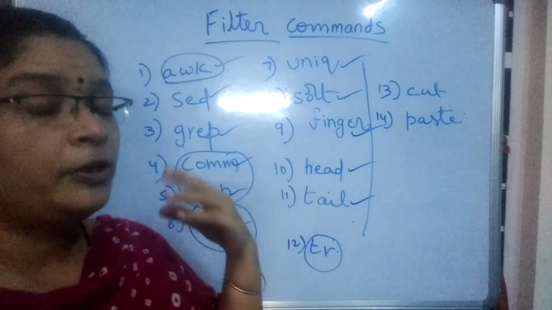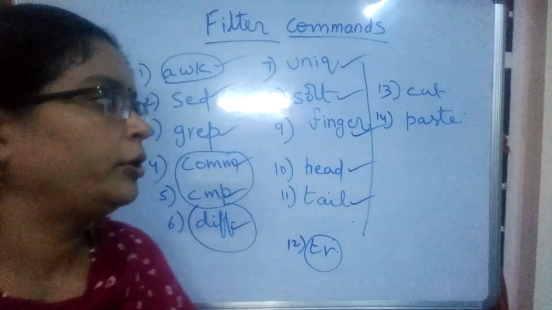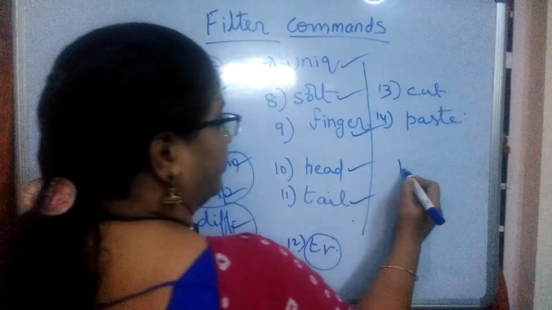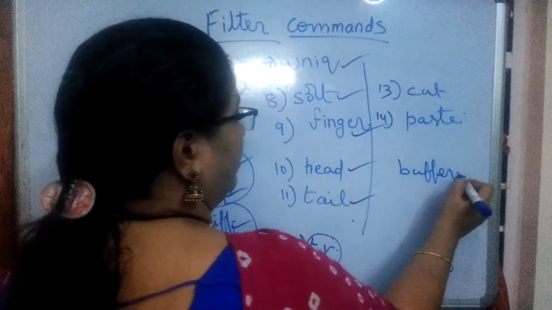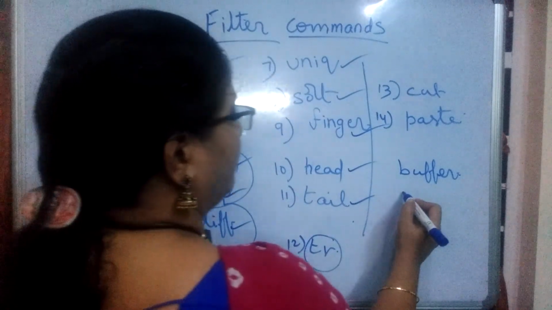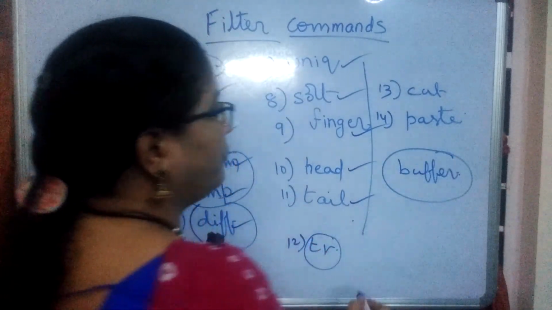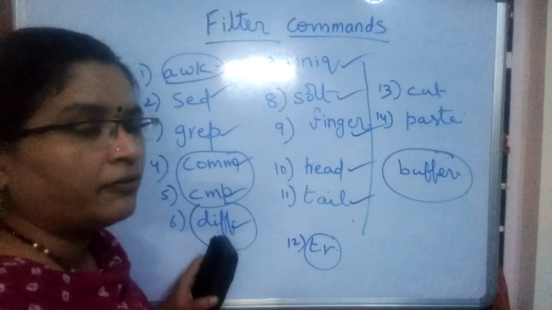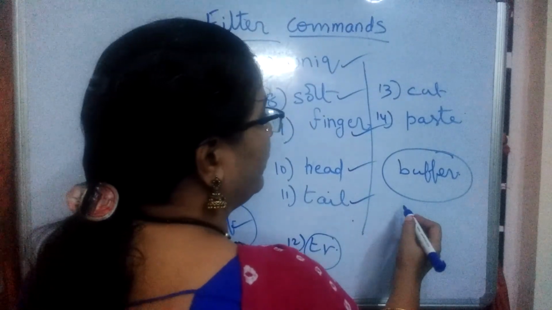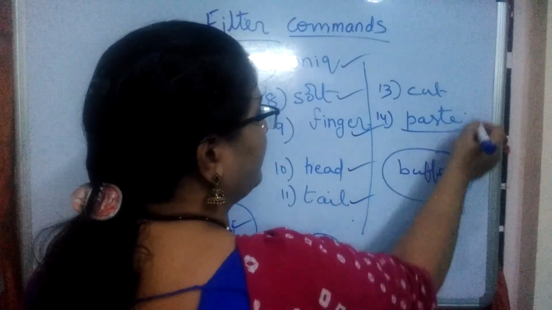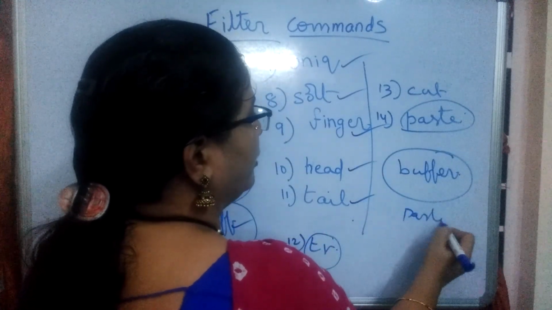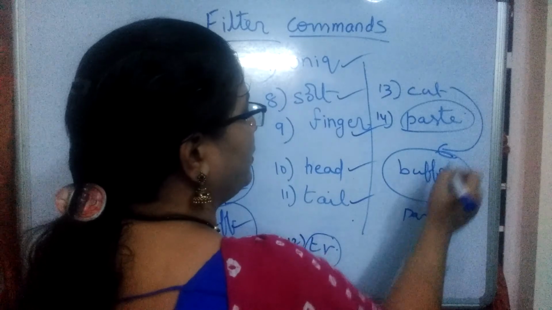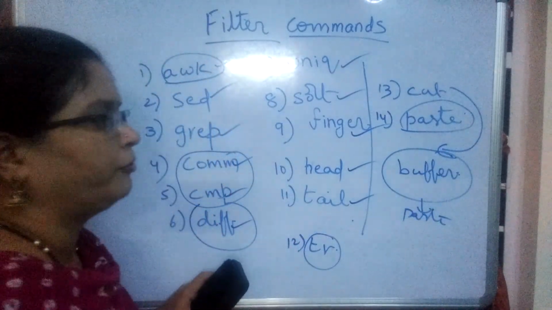That can be stored into the buffer. That is the system buffer, there it will be stored. And wherever it is required, we can paste it using the paste command. So cut stores it and paste takes from that buffer.